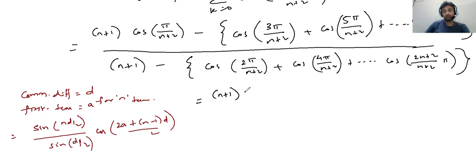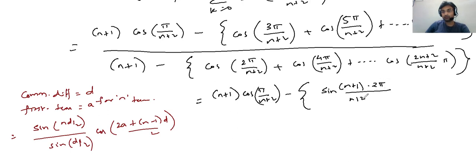First expression will not change, n plus 2 will remain as it is. Now this is gonna become what? Let's just see. So sine of, how many terms are there? There are n plus 1 terms, so n plus 1 multiplied by d by 2, difference is your 2 pi divided by n plus 2 by 2, right?